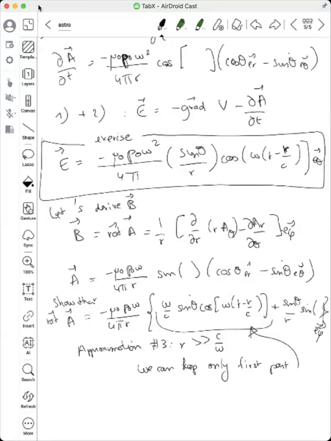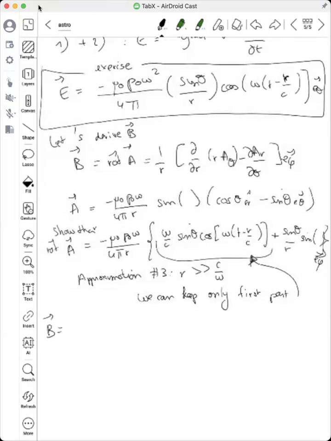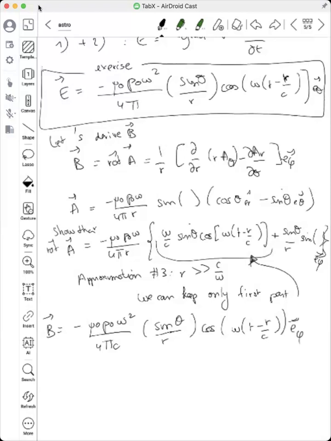Okay, so if I summarize, B is equal to minus mu 0 p0 omega squared over 4 pi c, sin theta over r, cos of omega t minus r over c, e_phi. Okay?